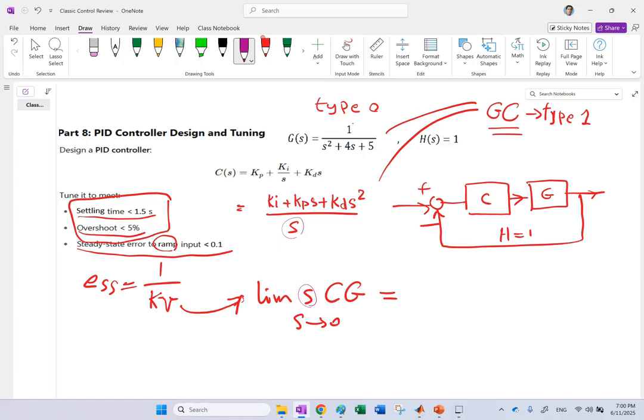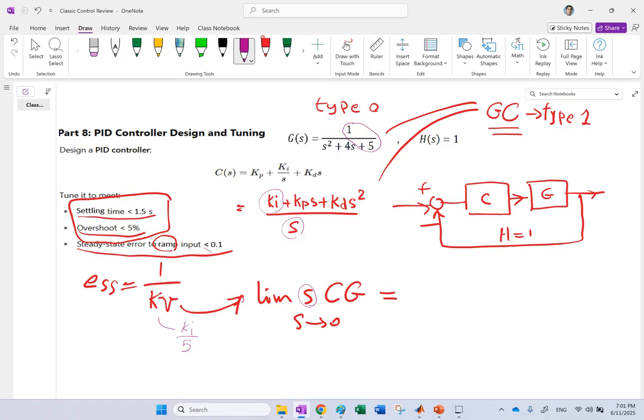For g, at s of 0, you get 1 over 5. For this one, you get ki. So you get ki over 5. So this guy is going to be ki over 5. And this should be less than or equal 0.1.